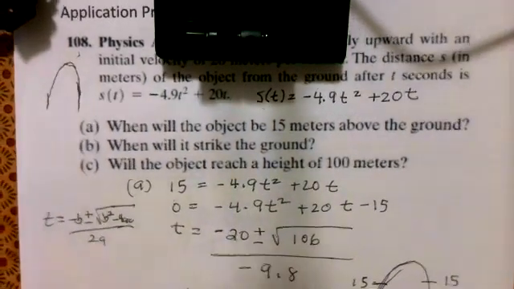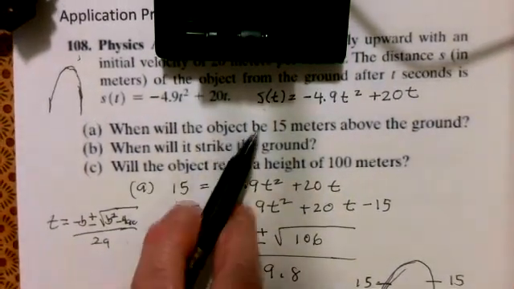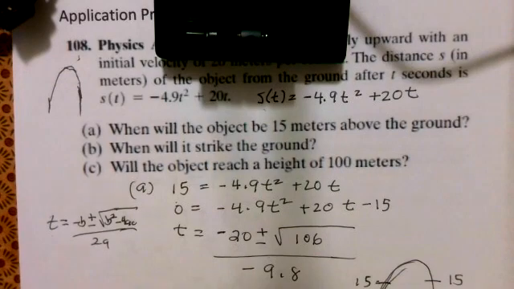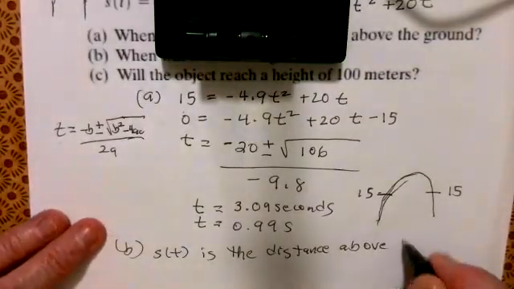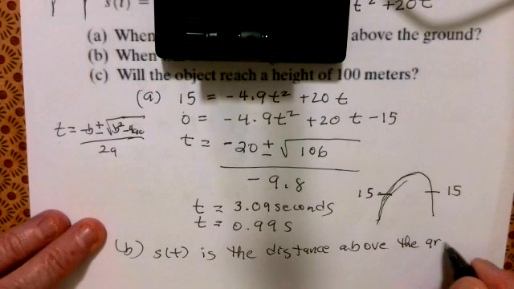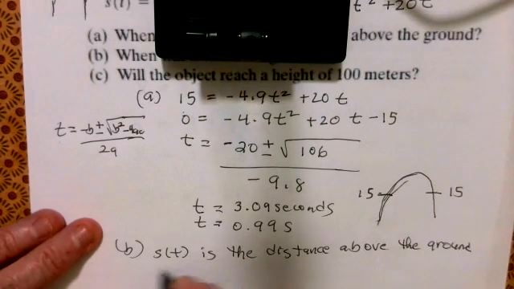Now, this is an important thing to remember because s of t is the distance above the ground of the object.